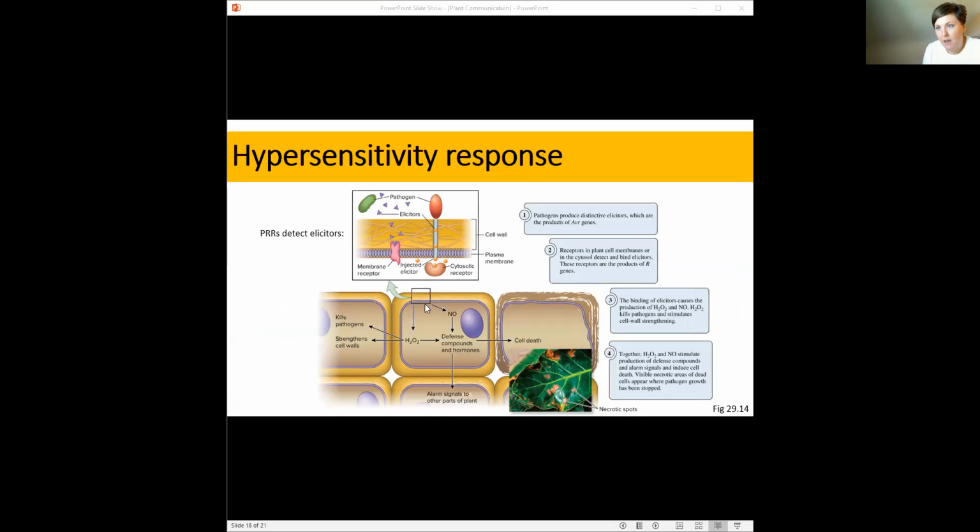The plant's response, as you can see, is to produce antibacterial compounds such as nitric oxide and hydrogen peroxide. As mentioned, these do protect the plant by killing pathogens directly or strengthening cell walls, as well as producing defense compounds and hormones. However, as you can see here, these compounds can also lead to plant cell death.